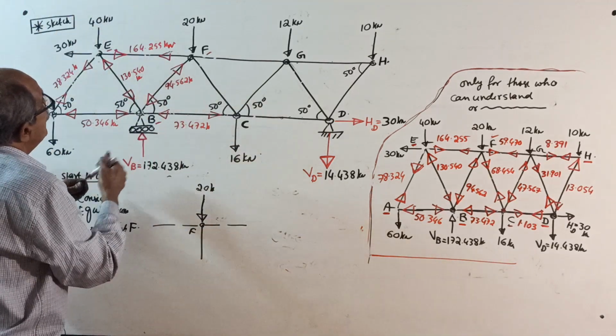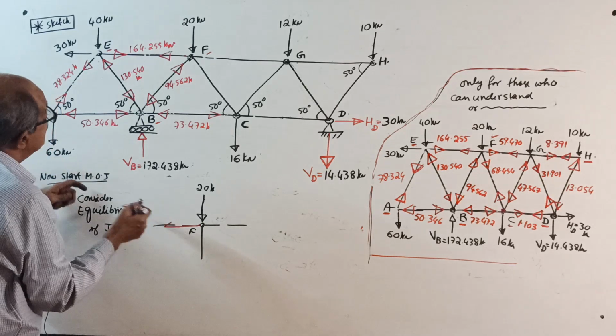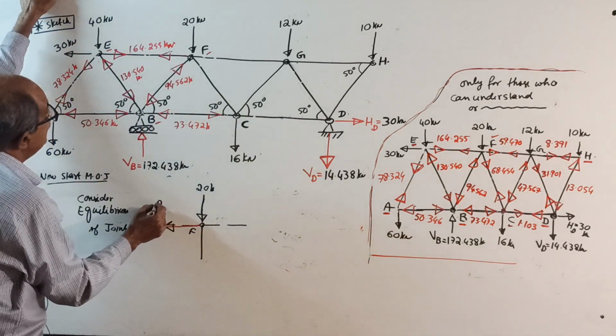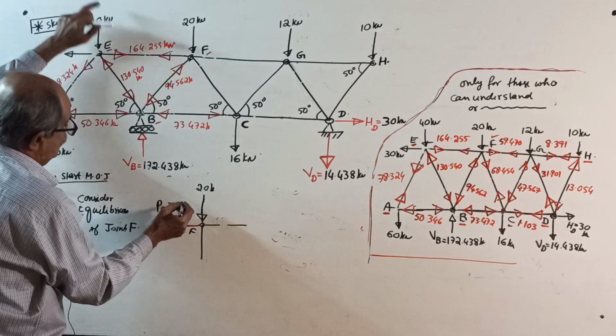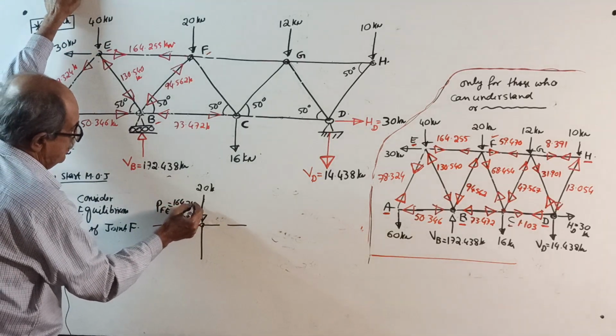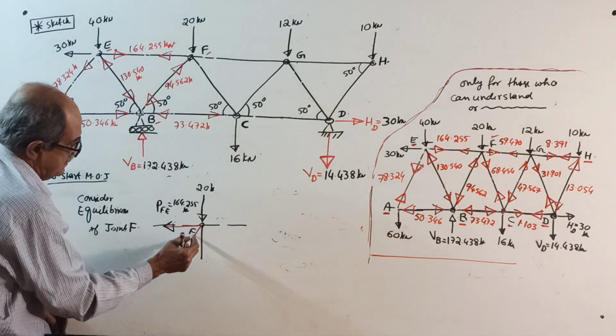Then one force here, which was a member force, red color, but now red is black. Why black? Already known. It is PFE, equal to 164.255 kilonewton.